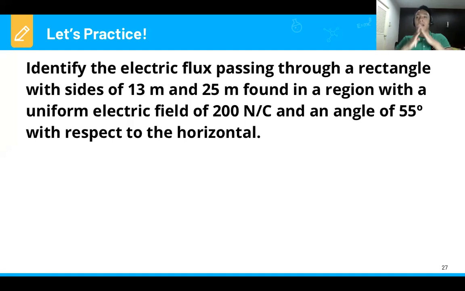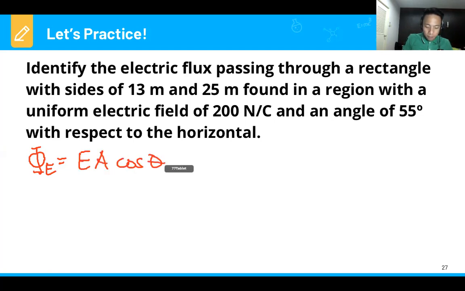This means the plate is tilted because it is not perpendicular. We have an angle of 55 degrees with respect to the horizontal. Since we have an angle, we will use EA cosine theta for our electric flux. EA first.